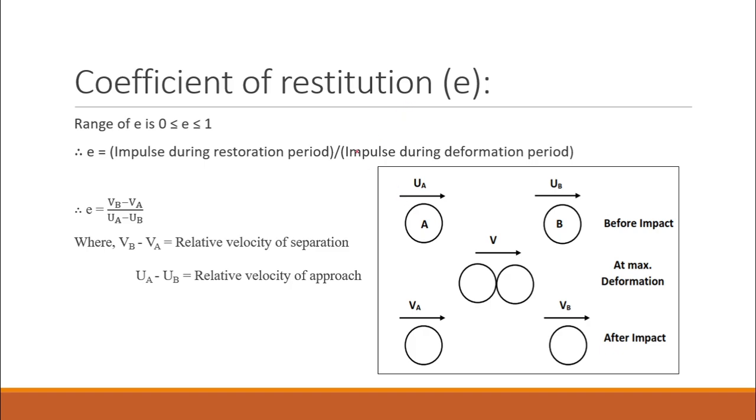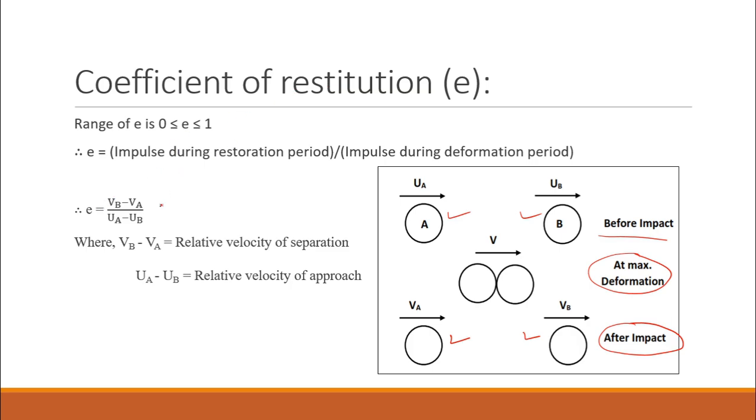We can consider this case, particles A and B moving in the same direction. At a certain stage particle A impacts on particle B, and after that particles A and B get separated. So first is the before impact case, then the during impact case, and after impact again the separation case.